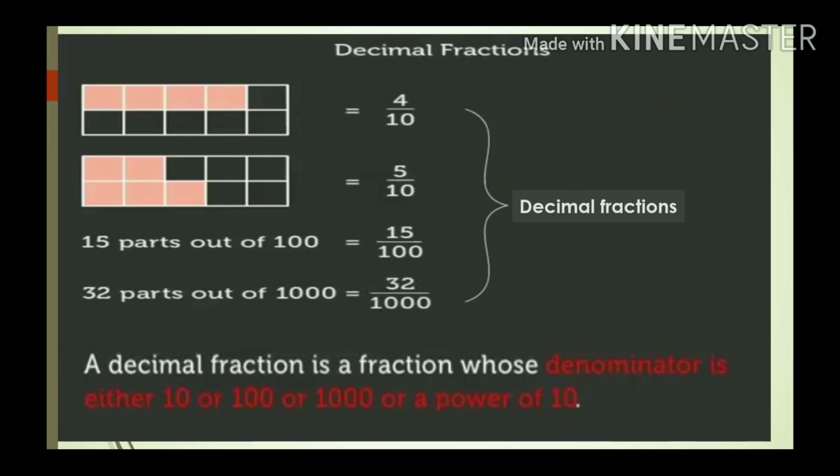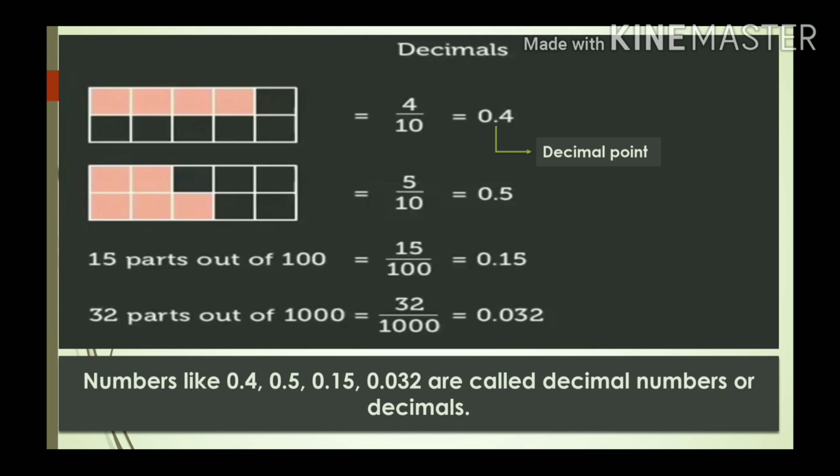Thus, a decimal fraction is a fraction whose denominator is either 10, 100 or 1000 or a power of 10. So, students, these decimal fractions can be represented in another form. Here 4 upon 10 is represented as 0, then point, then 4, and read as 0.4. Similarly, 5 upon 10 is represented as 0.5, and 15 upon 100 or 15 hundredths is written and read as 0.15. 32 thousandths is written and read as 0.032.